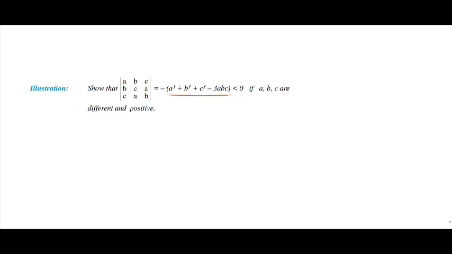This is a standard result which you have studied in class 10th, that a cube plus b cube plus c cube minus 3abc can be written as a plus b plus c times a square plus b square plus c square minus ca minus bc minus ab. Right? We have studied this in class 10th. So this was class 10th stuff which we have done.